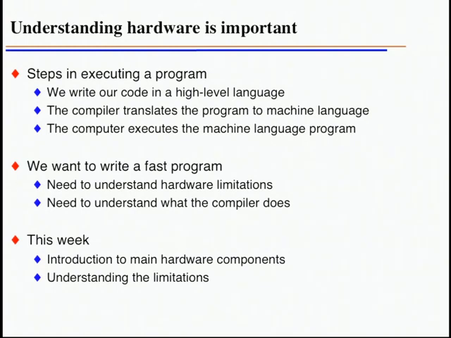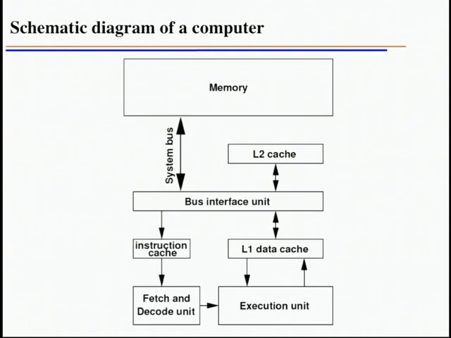So this week, we will mostly look at the hardware part. We will look at what are the main components of your PC and understand what they can do and what they cannot do. So that's your computer in a very simplified block diagram.